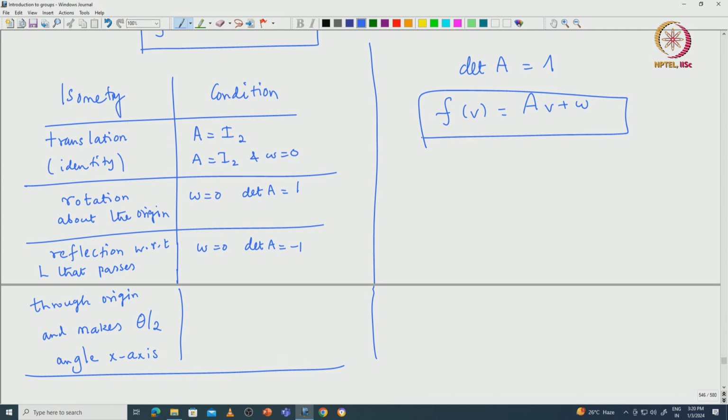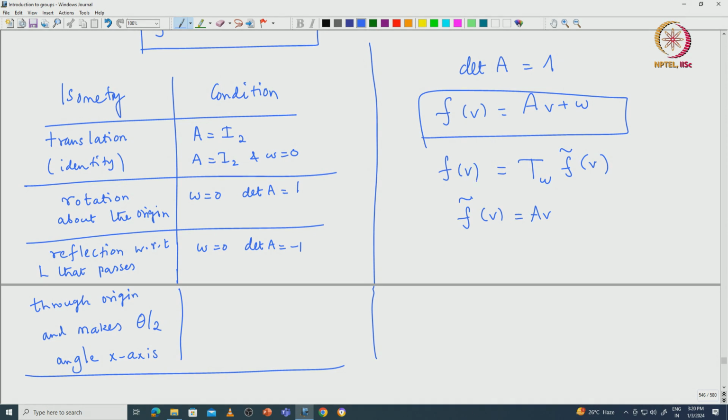This is what we are getting. So, if you forget this translation, then it is just a rotation, but if you compose, this can be written as follows. This is T W of AV. So, basically you are composing two maps. Let us call it f tilde of V, where f tilde of V is given by AV. So, this is your f of V.